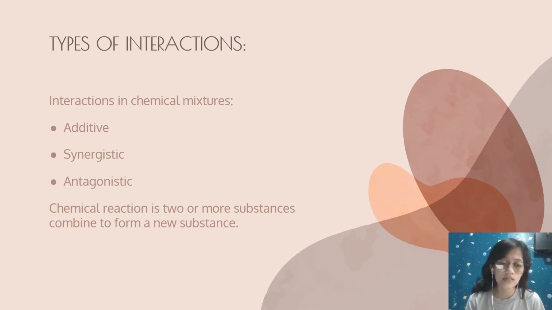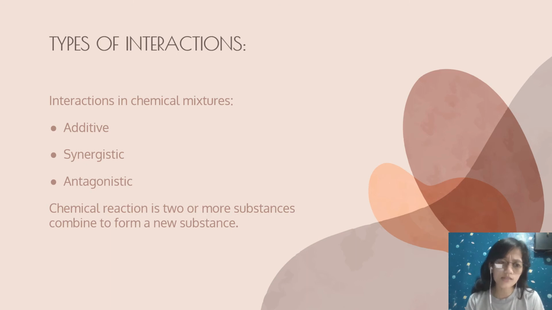And next is the synergistic. Synergistic is when the sum of the effect is more than each chemical individually. So meaning to say, it is just like a work project that is made better by creating a team instead of having only one person to do it.